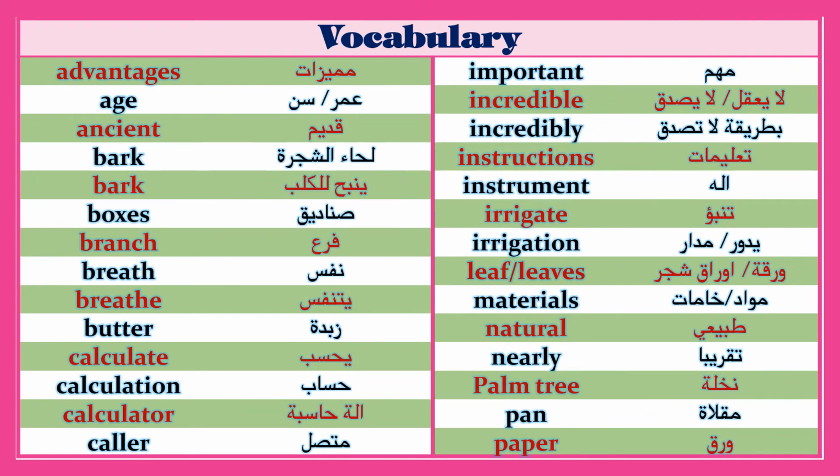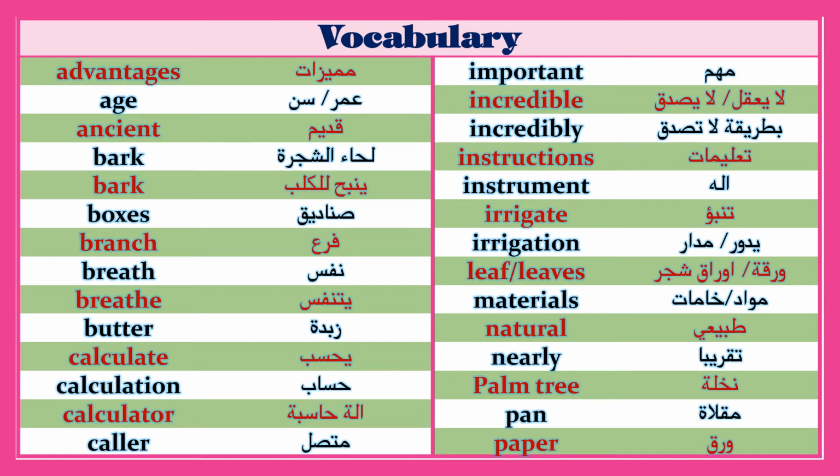Advantages. Age. Ancient. Bark. Boxes. Branch. Breath. Breathe. Butter. Calculate. Calculation. Calculator. Caller. Important. Incredible. Incredibly. Instructions. Instrument. Irrigate. Irrigation.